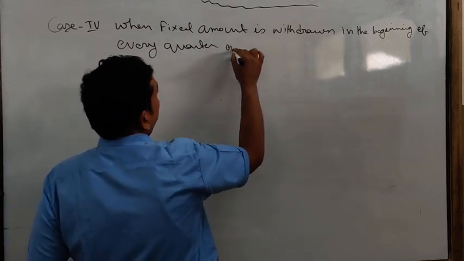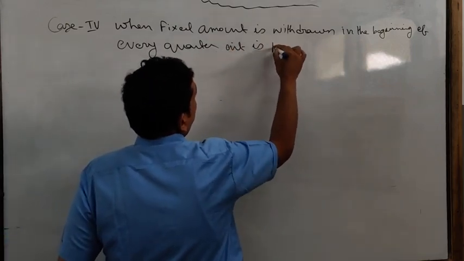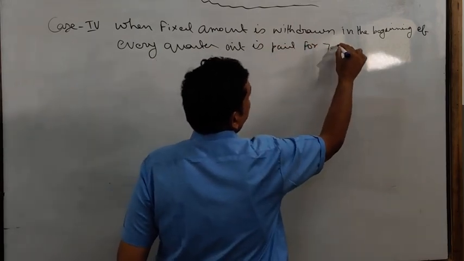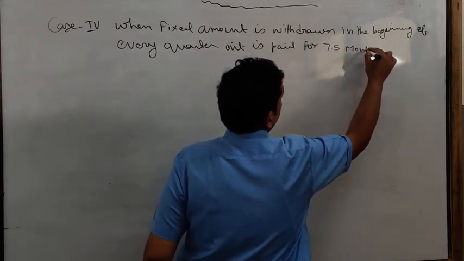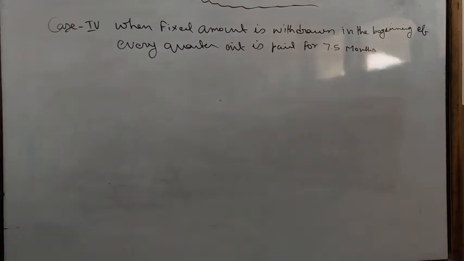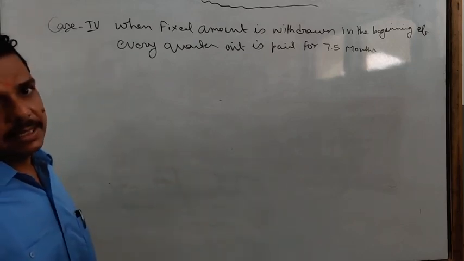Interest is paid for 7.5 months. Now again, how this period is calculated?